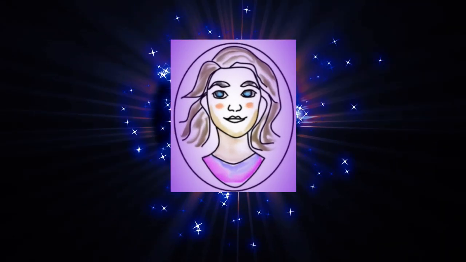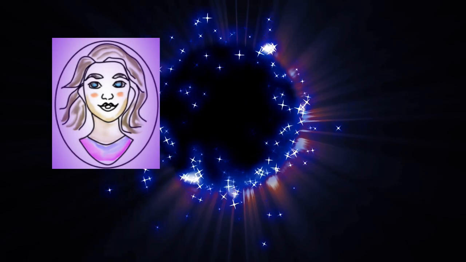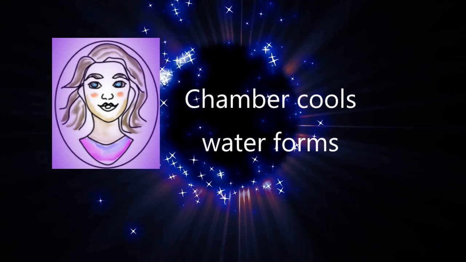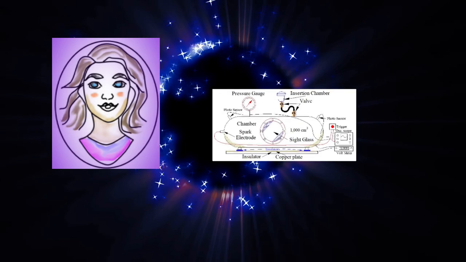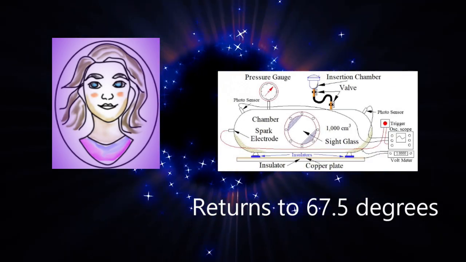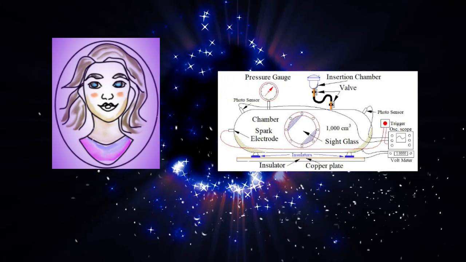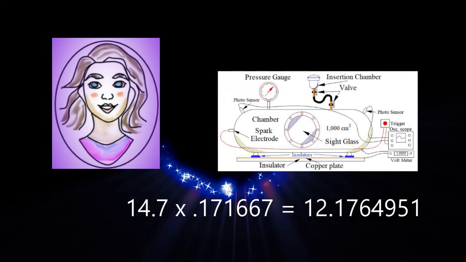Now, this is a temporary condition of the expanded new water molecules, because as the chamber cools, and as the heated molecule energy is absorbed by the steel walls of the tank, and it comes back to 67.5 degrees, and due to our volume loss, our original 14.7 pounds per square inch is reduced by 17.1667%.